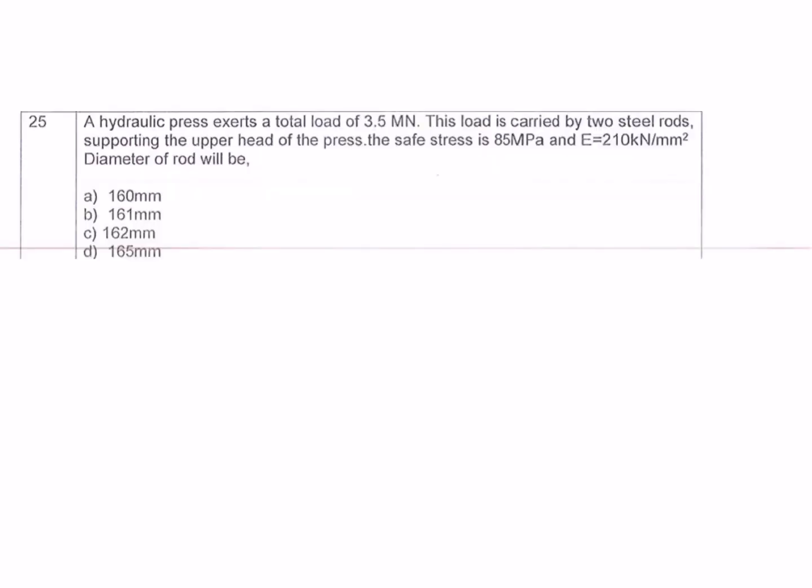Next question. A hydraulic press exerts a total load of 3.5 meganewton. This load is carried by two steel rods supporting the upper head of the press. The permissible stress is 85 megapascal or Newton per mm square and E equal to 210 kilonewton per mm square. The diameter of the rod is how much?